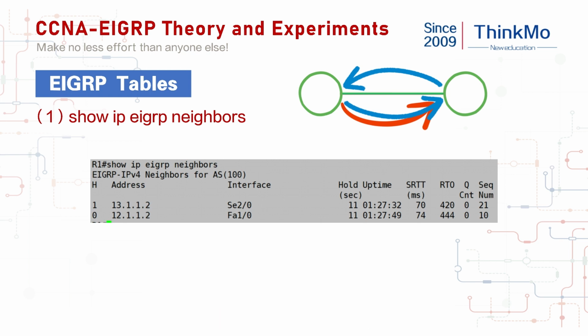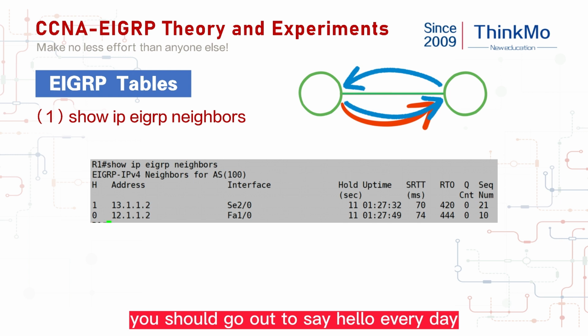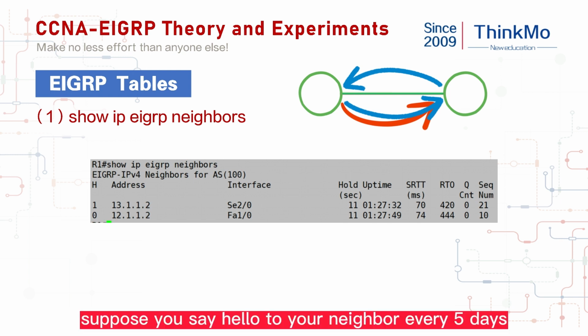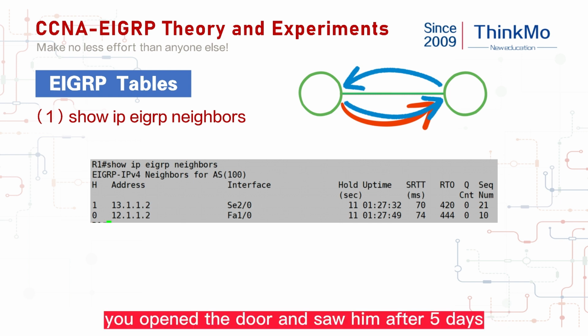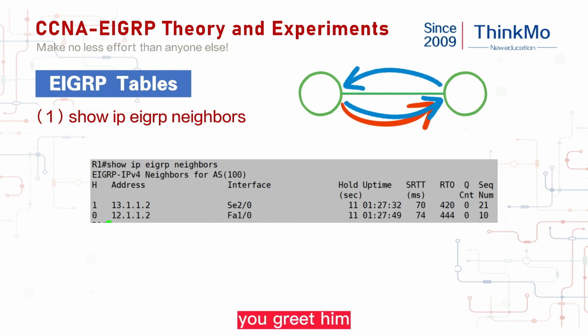That's what I mean. I'll give a real example. You should go out to say hello every day. Suppose you say hello to your neighbor every 5 seconds. You open the door and see him after 5 seconds. You greet him. He ignores you. You say hello again. He still ignores you. 10 seconds passed. Say hello again.